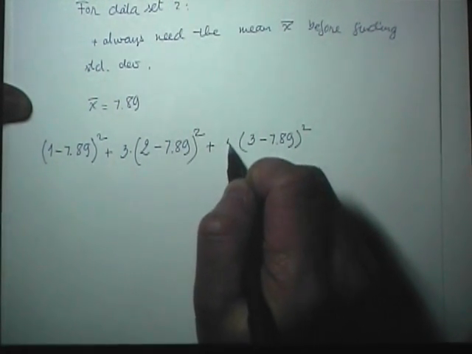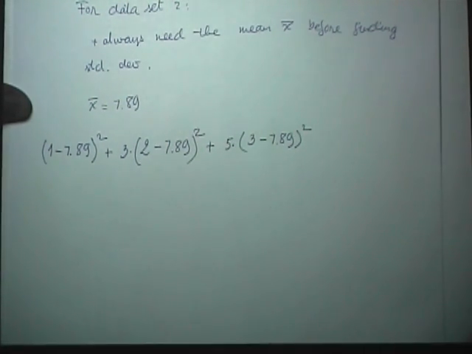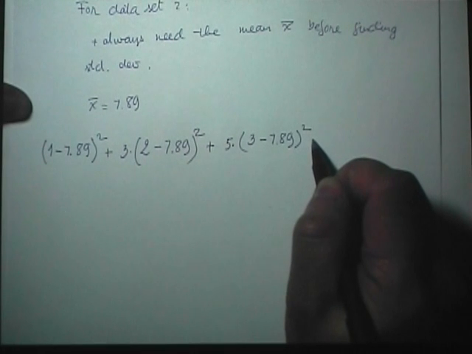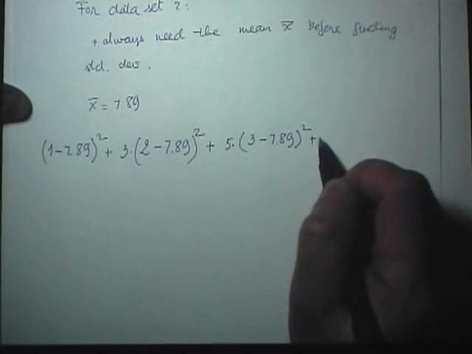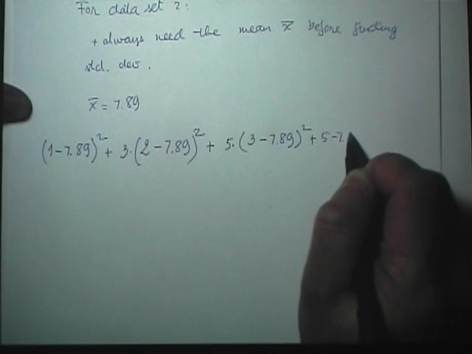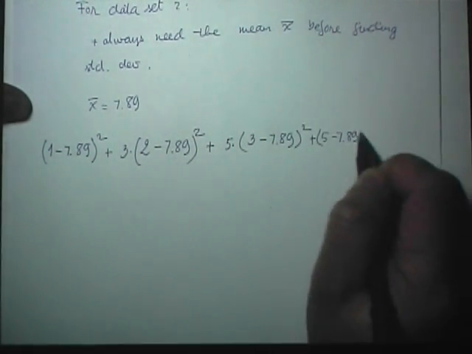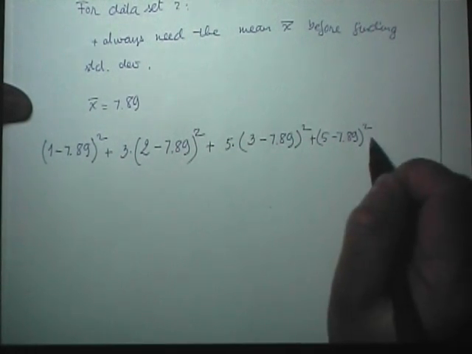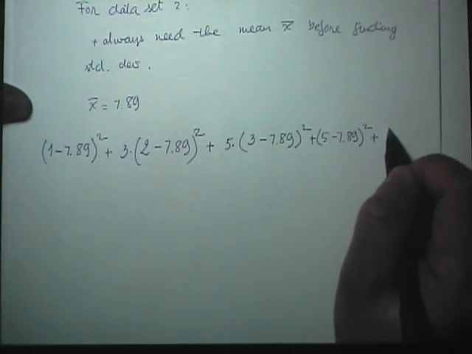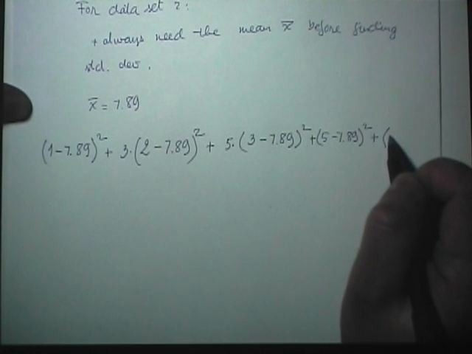There are 5 of them, so I'm going to multiply that by 5. And I am going to add to the next item here. There is a 5 now, so it's 5 minus 7.89, and I'm going to square, and add to that. My next item here is a 6.